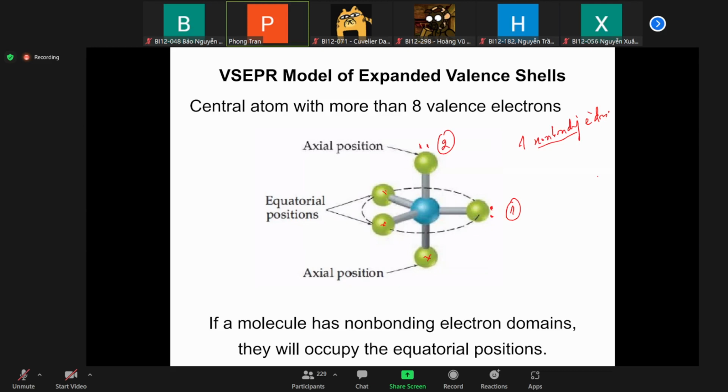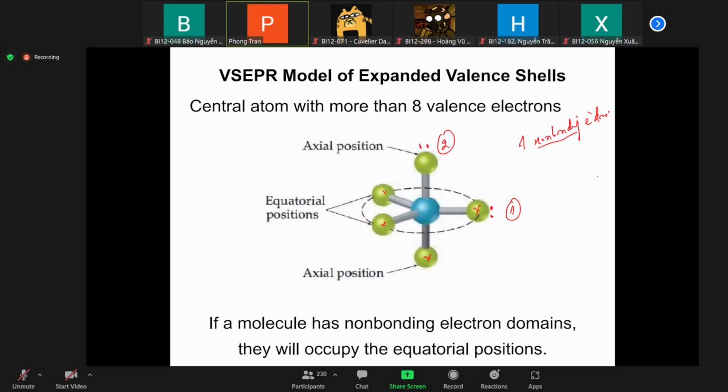Now, it doesn't matter whether it is a non-bonding electron or not. You need to arrive at the geometry where the molecule is in its most stable state. It means it will be at the lowest potential energy, most stable. It also means you need to arrange the non-bonding electron pair to make the interaction optimum. So imagine that you put the non-bonding electron in option 2, that means in the axial position, so we will have the atom here in this position.